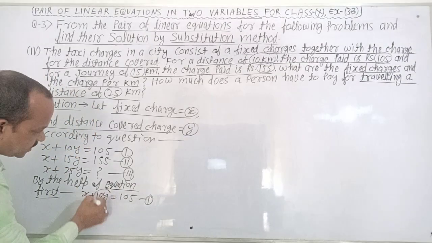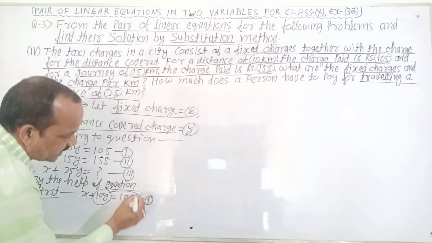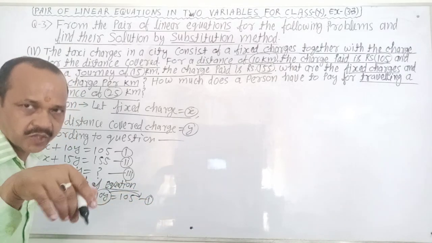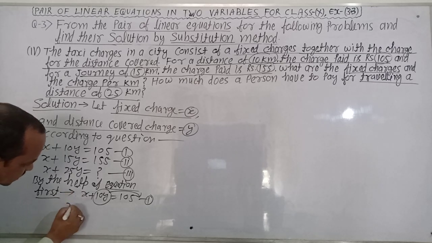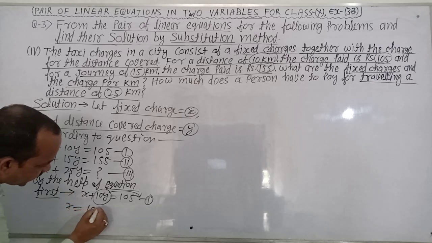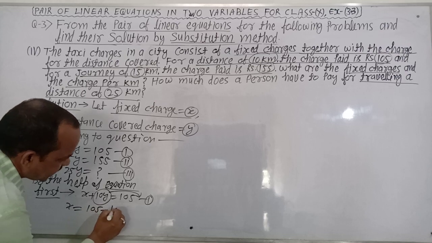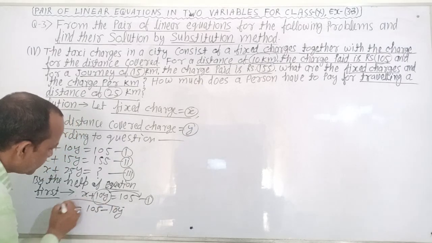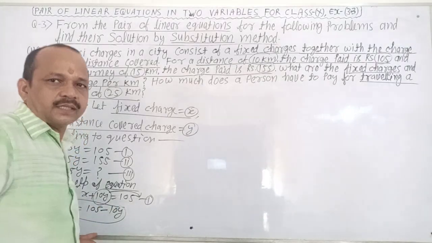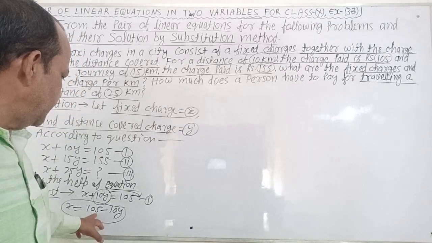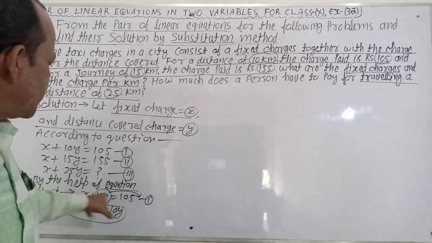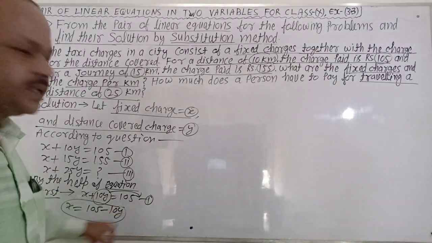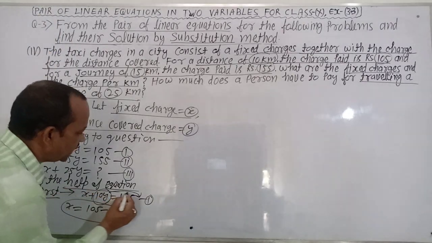You write 10y on right side of equal. It becomes x equal to 105 minus 10y. You find the value of x equal to 105 minus 10y by the help of equation first. Clear?